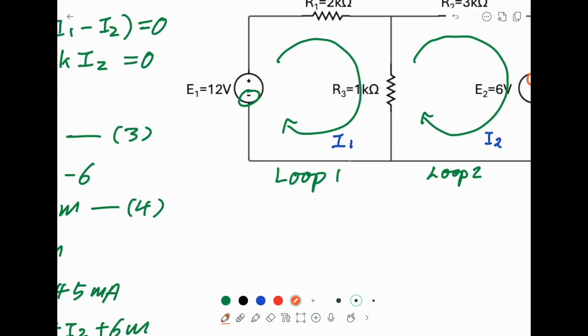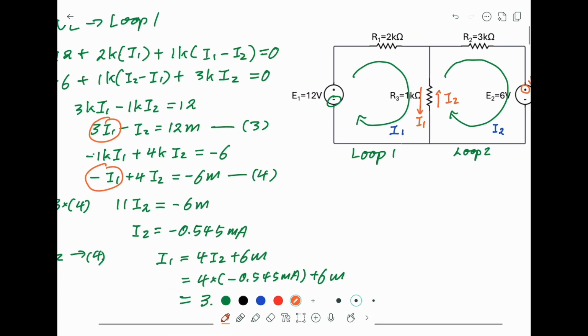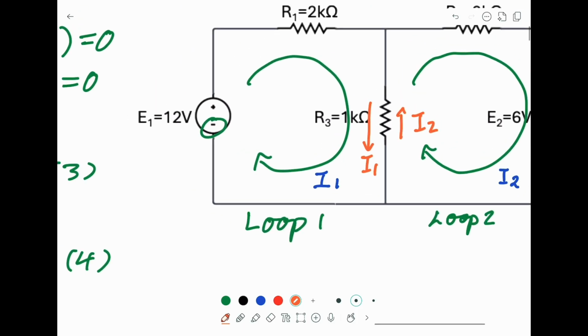When we assume both loops' mesh currents flow clockwise, for R3, I1 is down, but I2 in this assumption is up. However, the sign of I2 that we find is negative. So it means our assumption should be reversed. So I will draw I2, in this case, going down as well.